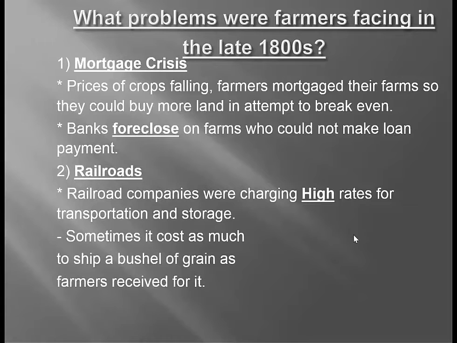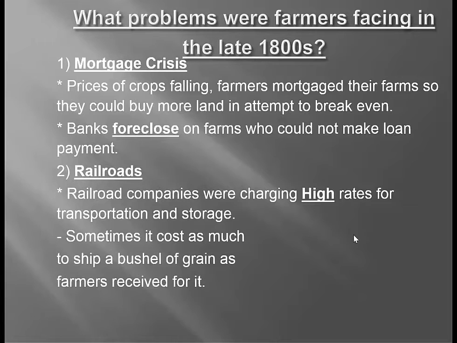The thought was that maybe we need to farm more to get some money coming in. Well, this really didn't work too well, and the banks, not the nice people that they are now, foreclosed on farms that could not make their loan payments. Things have not changed with banks too much since the late 1800s.